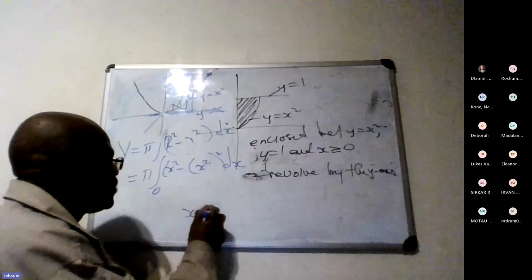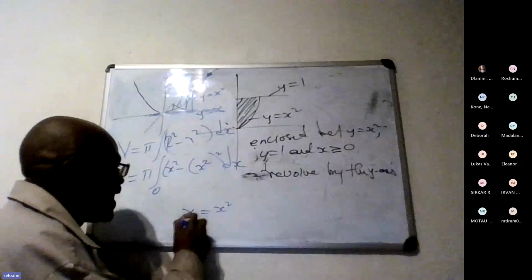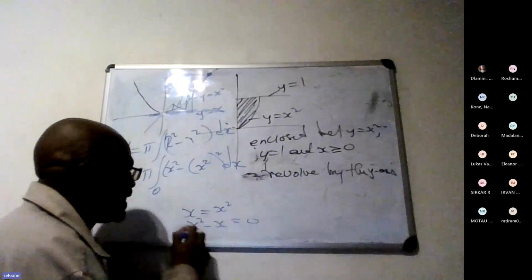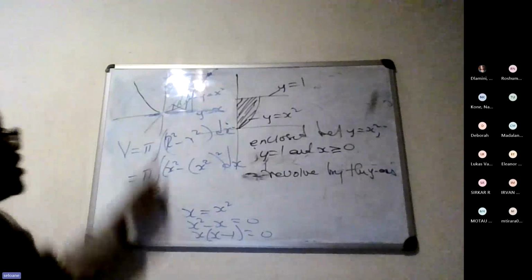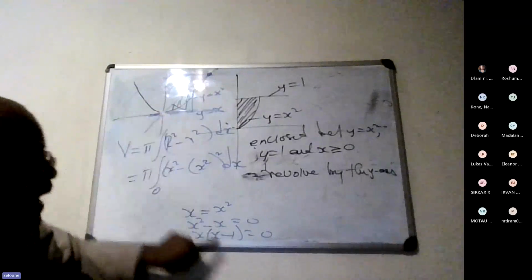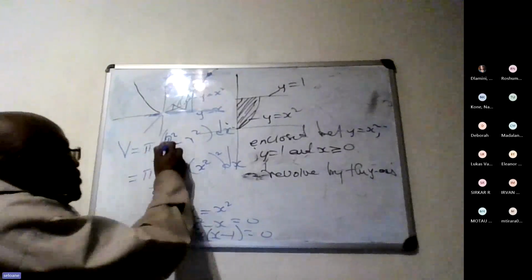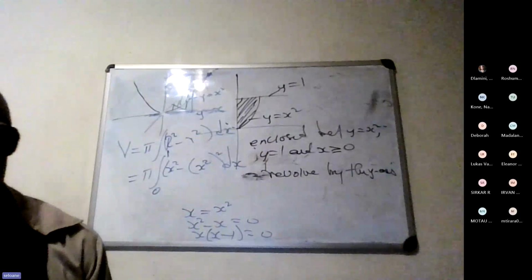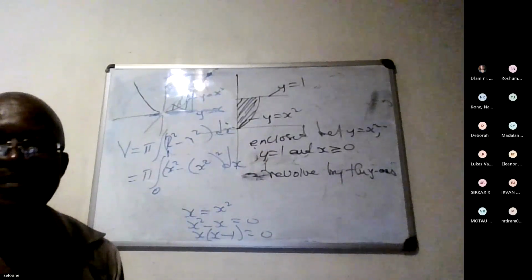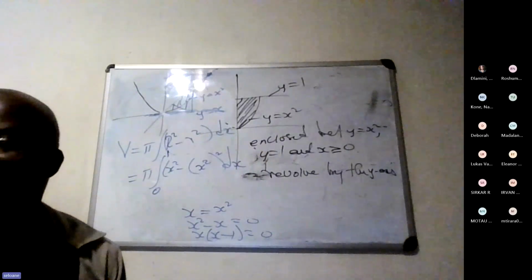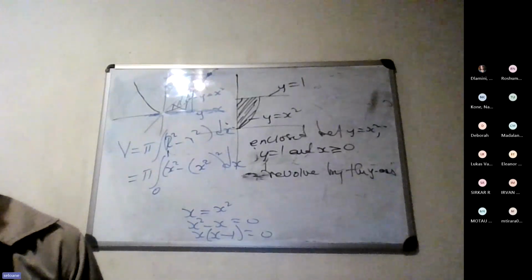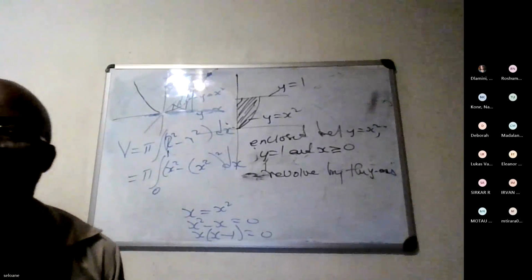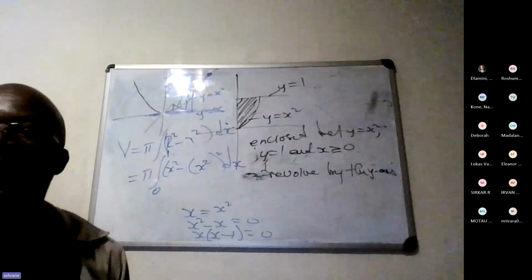Then x equal to x squared, so x squared minus x equal to 0, so x in brackets, x minus 1, equal to 0. One x is 0, which is this one. The other is x equal to 1. Then you integrate this, and you get the answer. Hopefully that makes sense. Does it make sense? Any question?